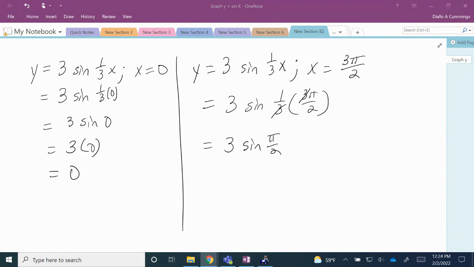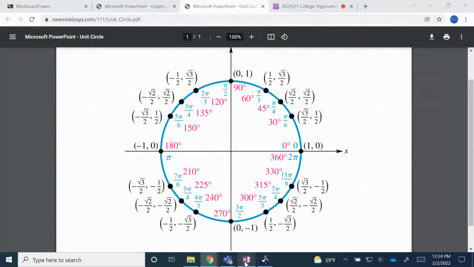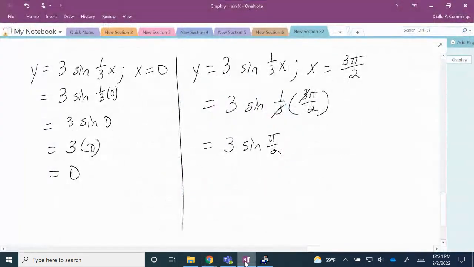If we use the unit circle, we would have the sine of pi over 2.